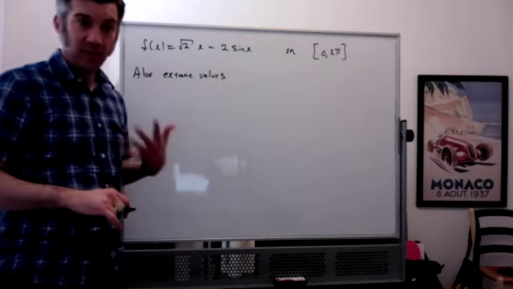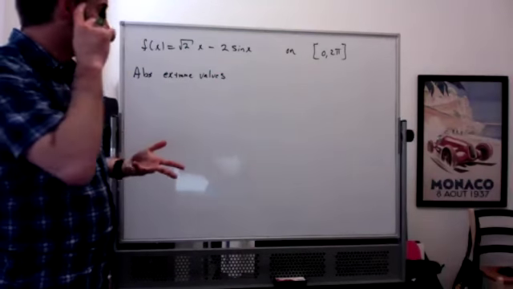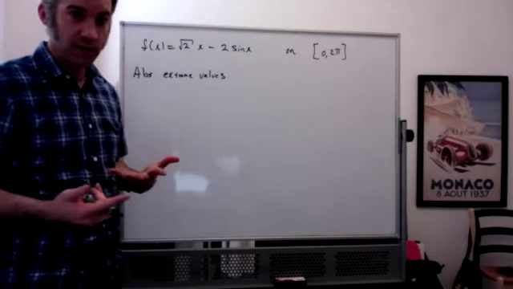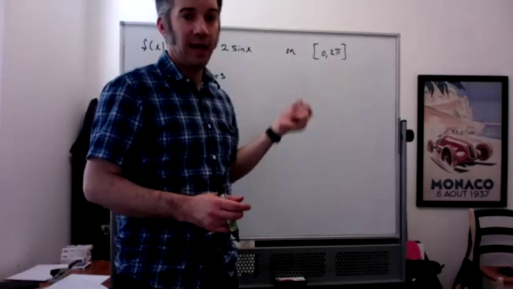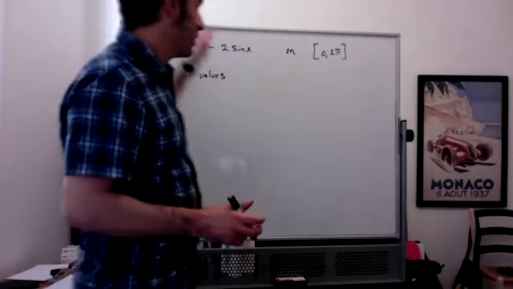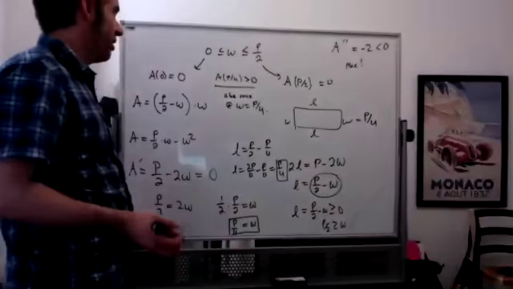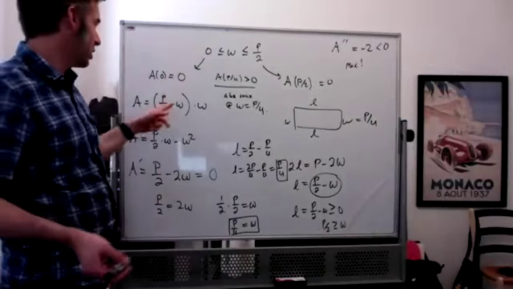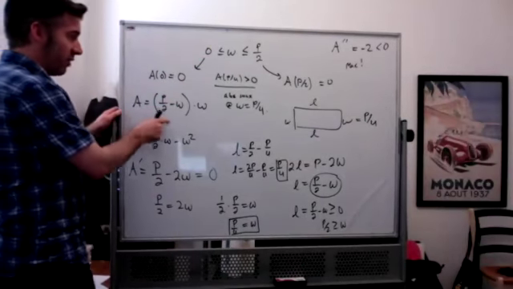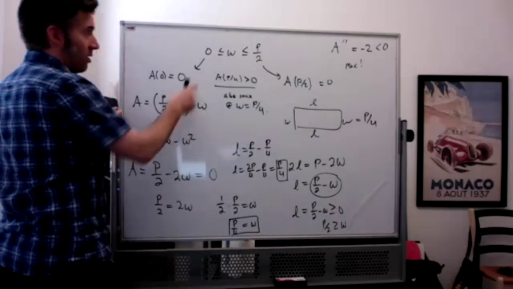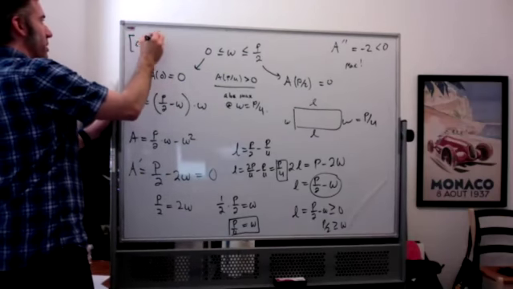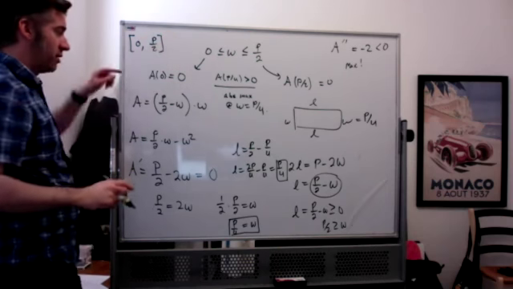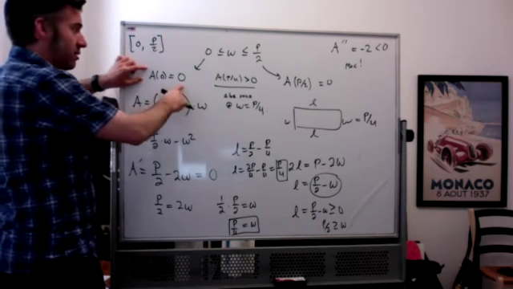To find the absolute extreme values, we're going to find the critical points, and then we're going to check both the endpoints of this interval and the critical points in the interval. Just like we did for the previous problem, right? The area was a function of W, and on this closed interval from 0 to P over 2, we checked the original function at the left endpoint and got 0.